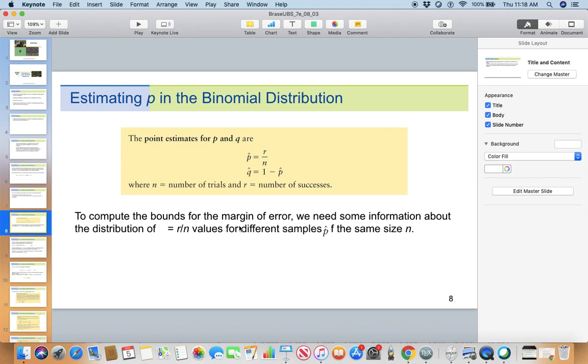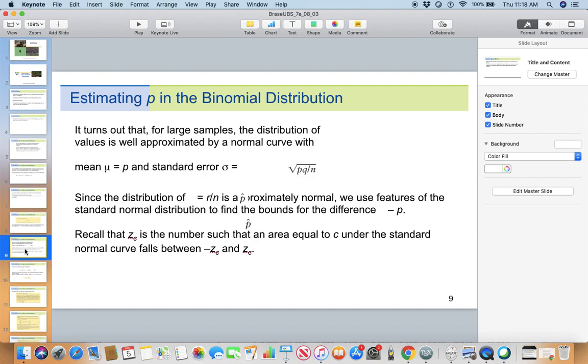To compute the bounds for the margin of error, we'll need some information about the distribution of R over N. There should be a P hat here of the same size N. It turns out that for large samples, the distribution of values is well approximated by a normal curve.